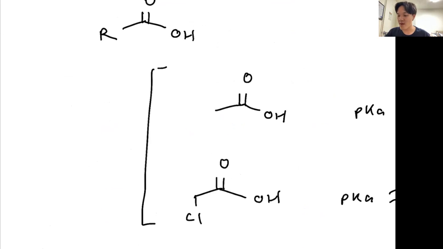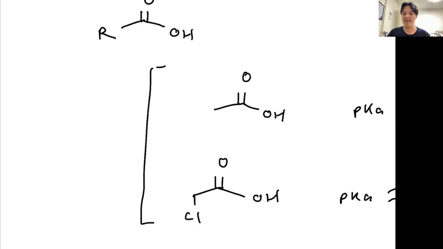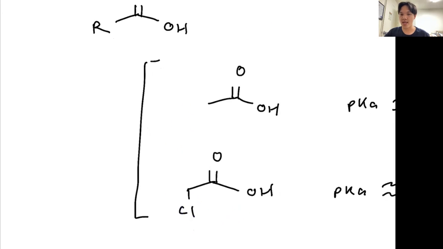And let's compare it to a carbon with an electronegative element such as chlorine involved, right? So in these two cases, do you think the H here will be more or less acidic, right? More acidic means the pKa will be lower. Less acidic means that the pKa will be higher, right?